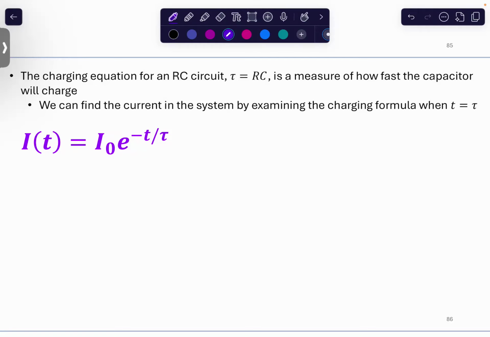The current of a system also is going to change over time. Remember that graph, how the current decreases as the capacitor charges?